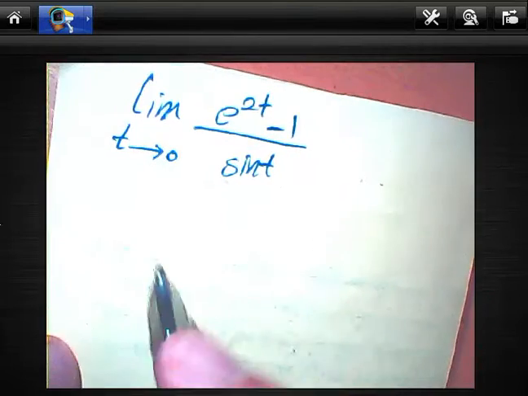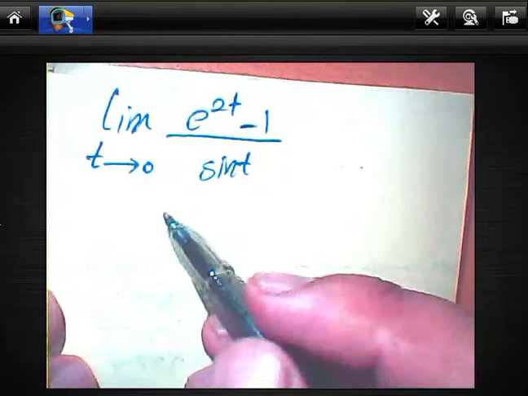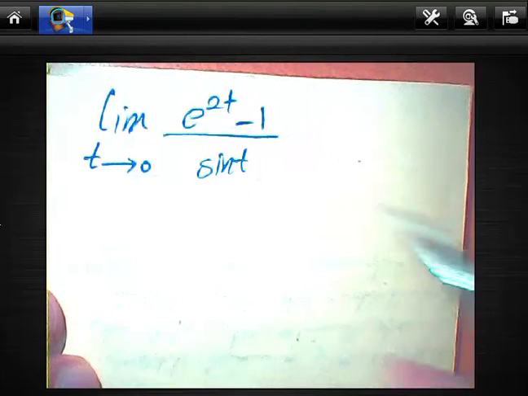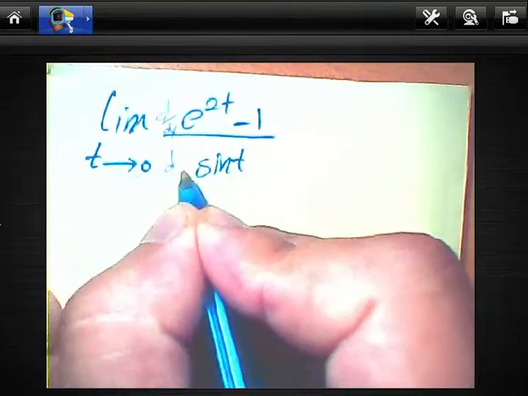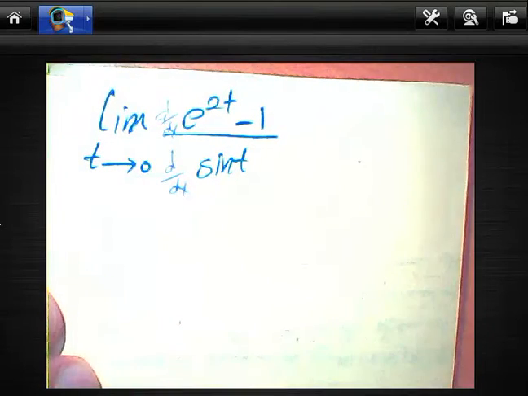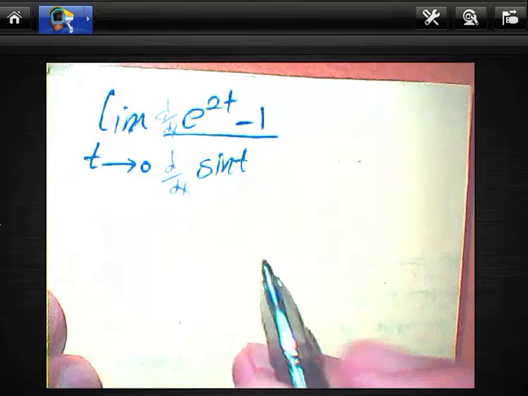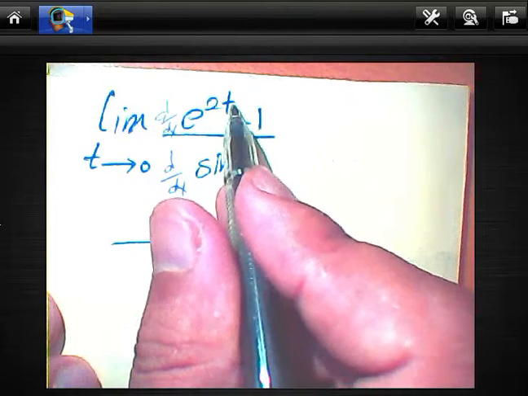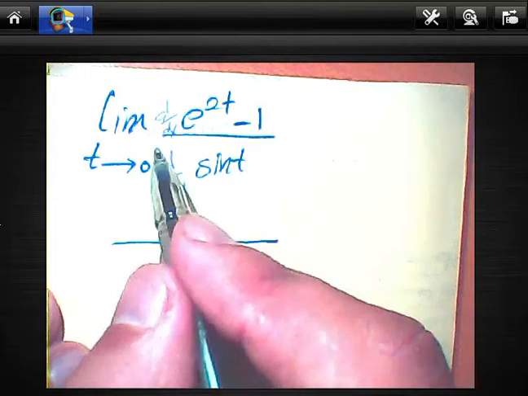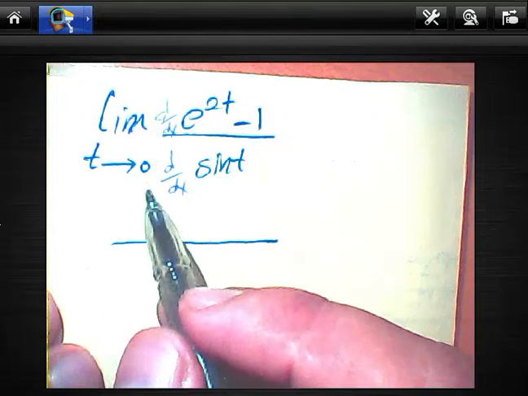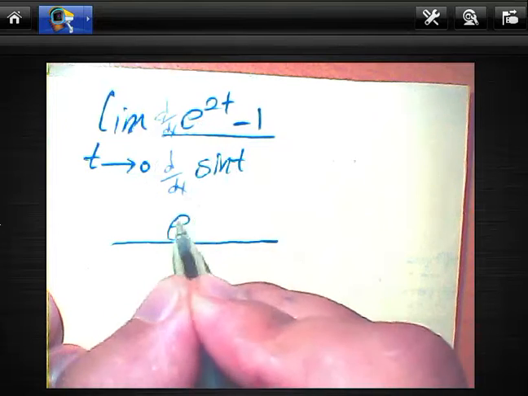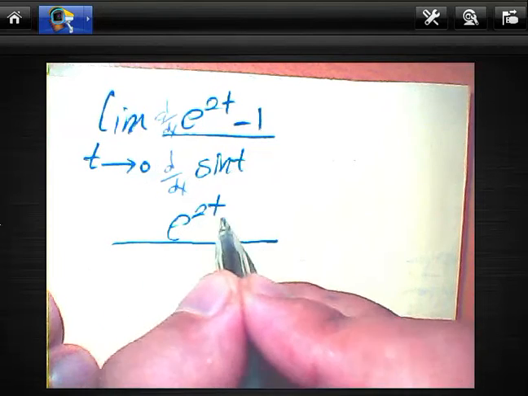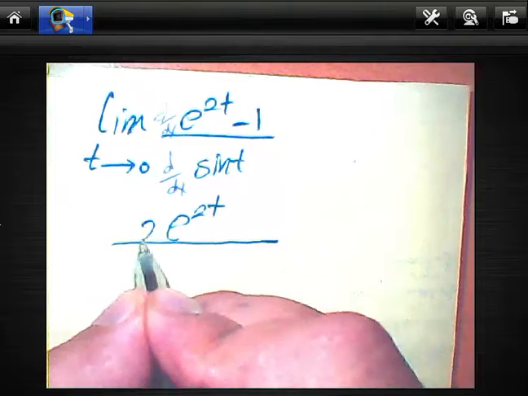First we can find the derivative of the numerator and denominator. The derivative of the numerator e power 2t: we can drop 2t outside, and we can write e power 2t, and the derivative of the exponent will be 2.